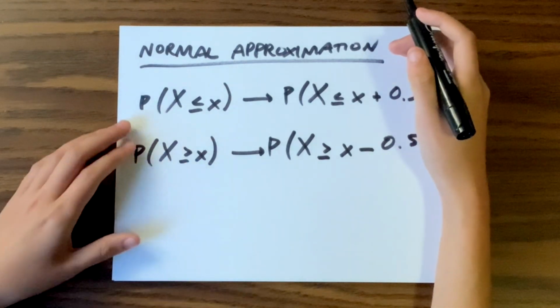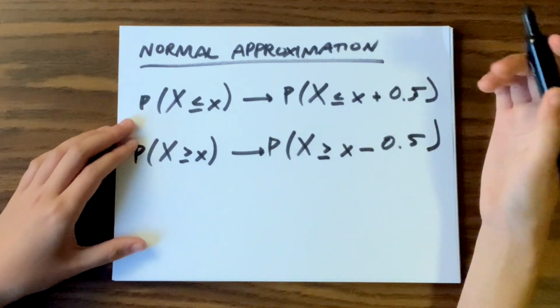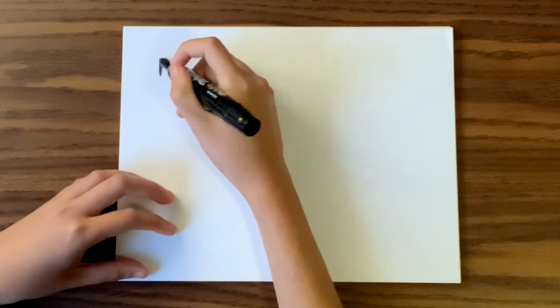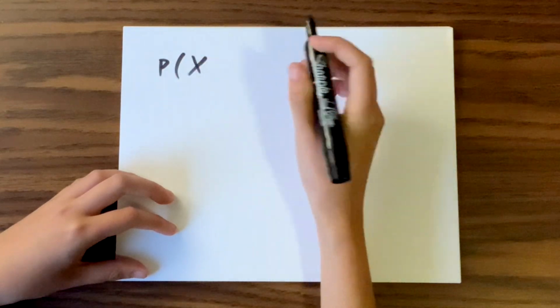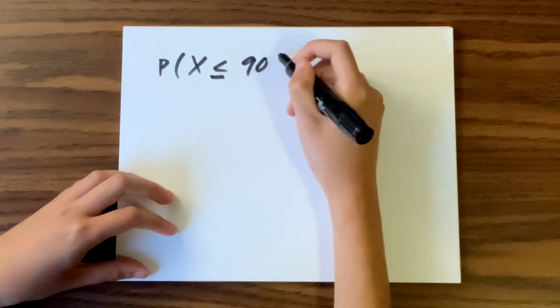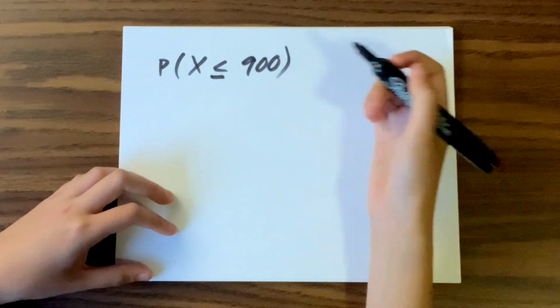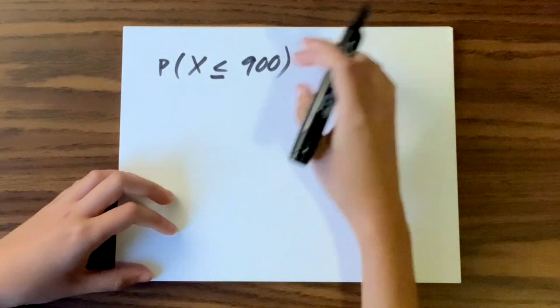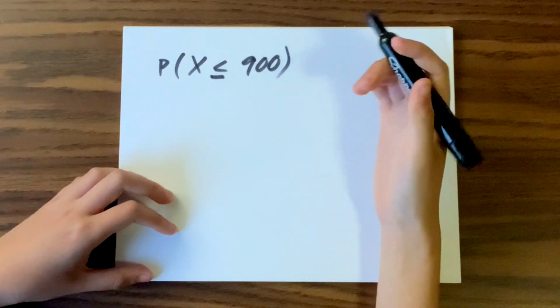And so for an example of this, let's just say that we're trying to find some Poisson distribution where the probability of some random variable x is less than or equal to 900. And so say we were given some abstract problem, and this is what we break it down into from words, the probability that we're trying to find.